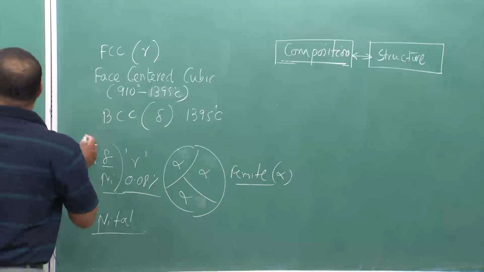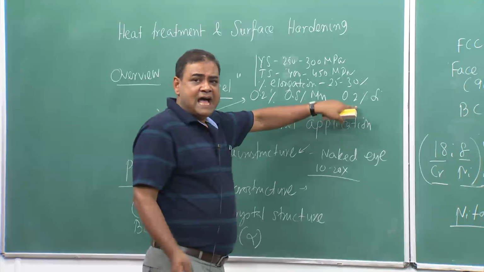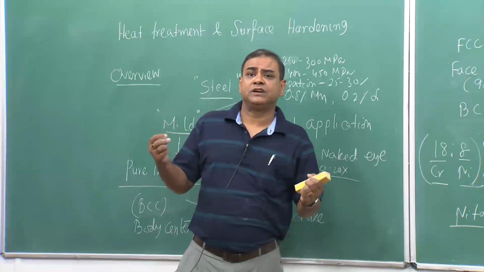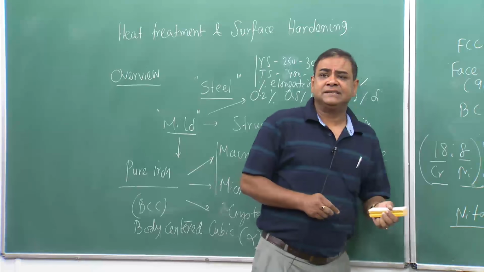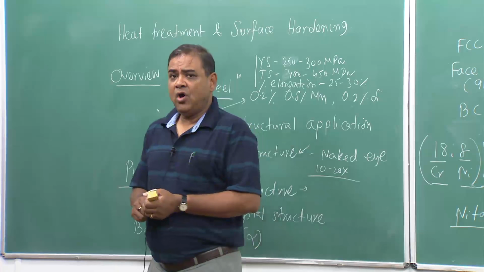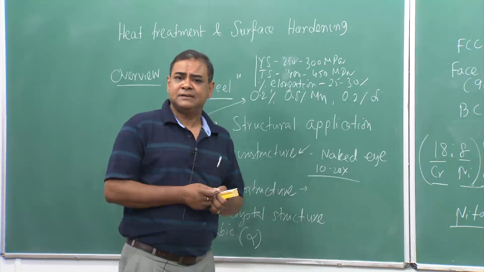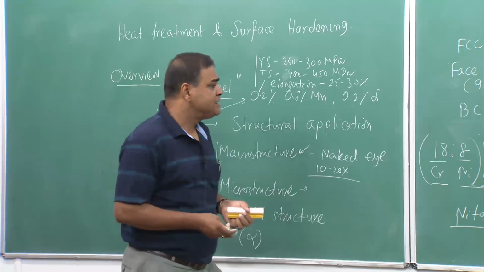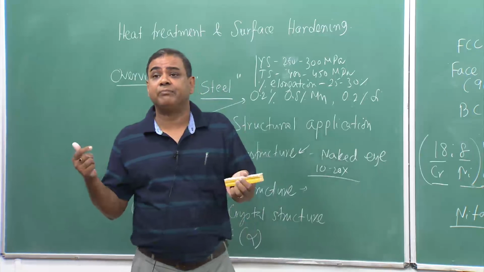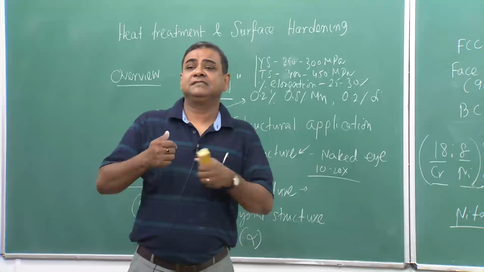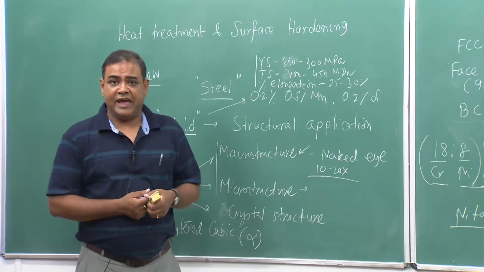Now, if we have 0.2% carbon, as per the phase diagram, we will talk about that phase diagram later, we will see that it contains pearlite of the order of close to about 20 to 25% pearlite, depending on carbon content. We will also talk about how to find out the pearlite content, and that is decided by our tie line construction in the phase diagram.